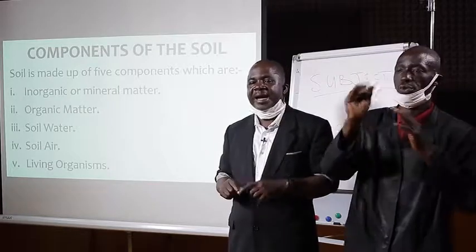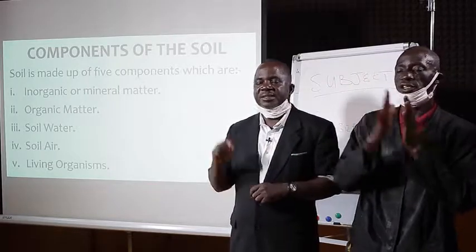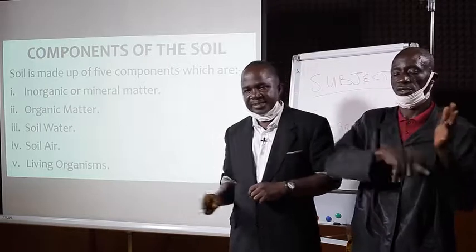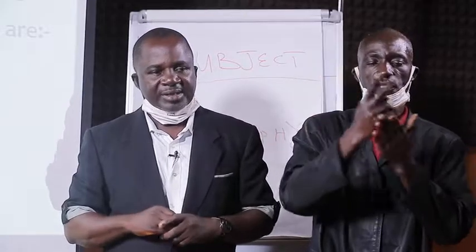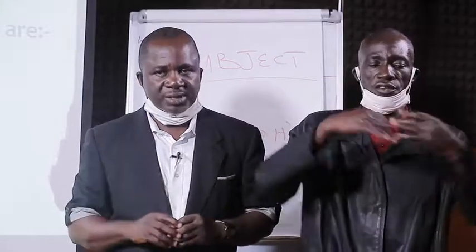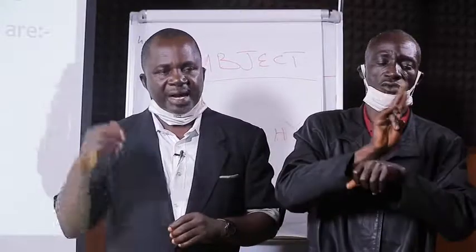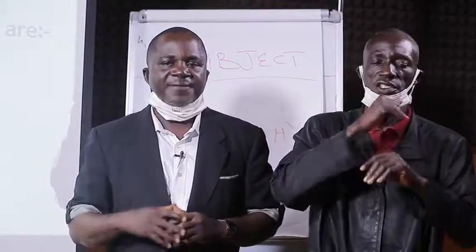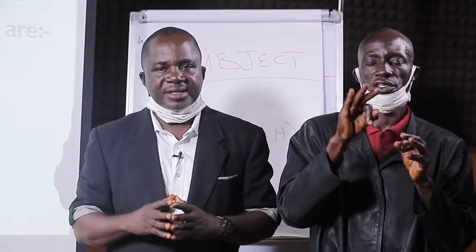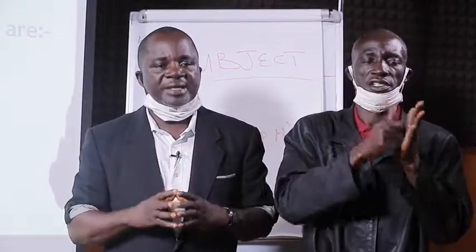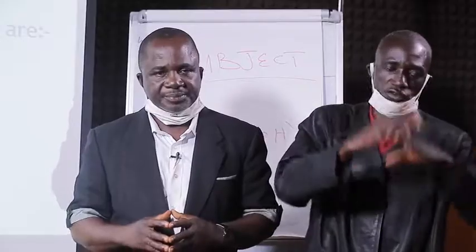And the last one is living organisms. All these 5 major components have a very important role they play in agriculture. And I've highlighted some of the importance or effects that these 5 major components have on soil.